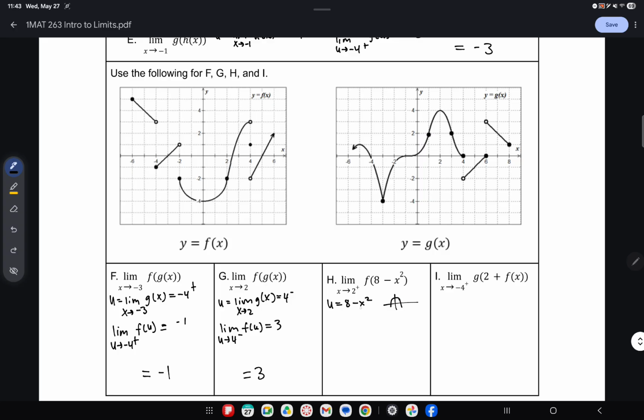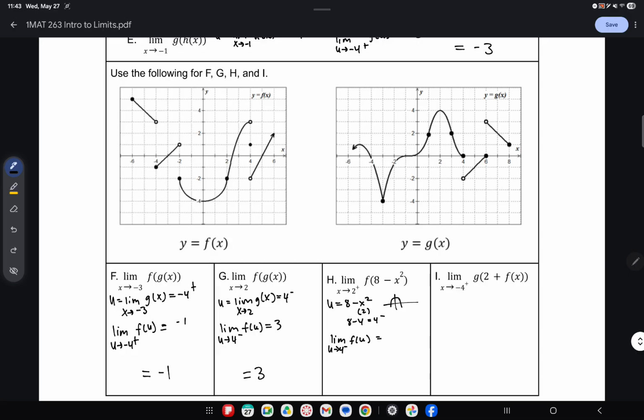So I can just substitute in 2. So I get 8 minus 4, which is 4. And since it is looking at the directional side, from 2 from the right, it's approaching 4 from below. So then we can do the limit as u approaches 4 from the left for f using our u.